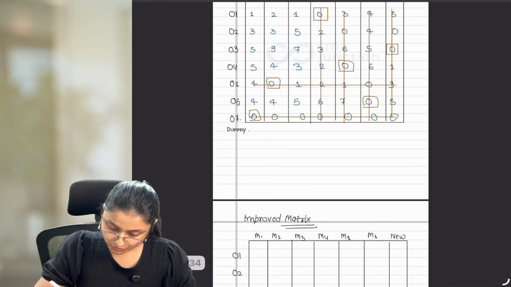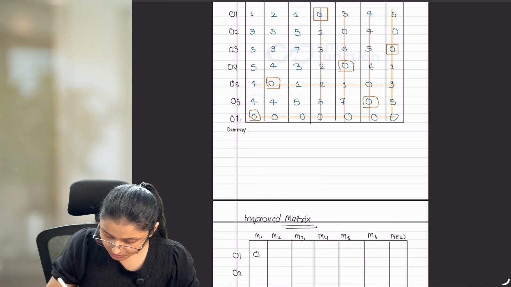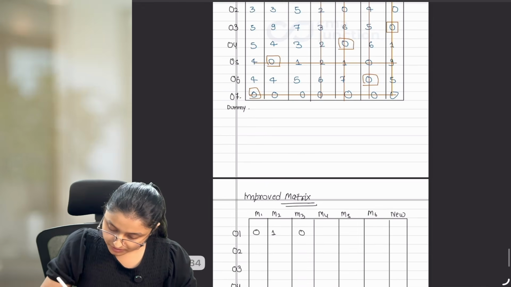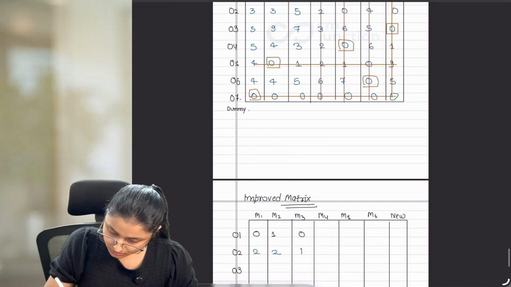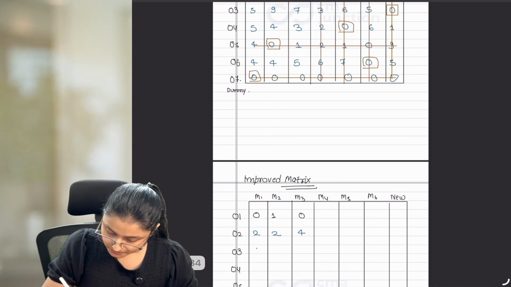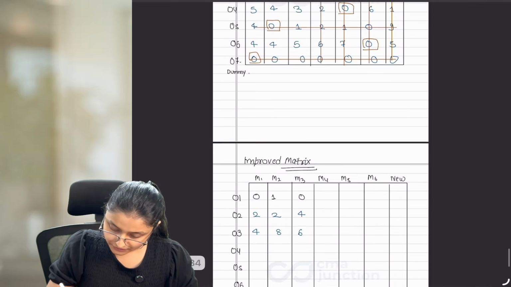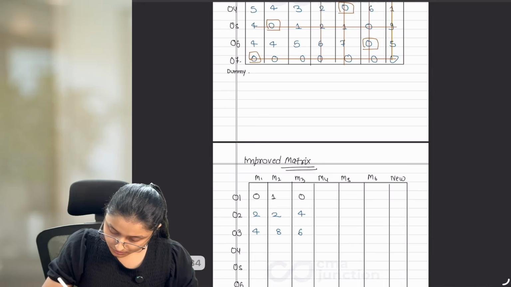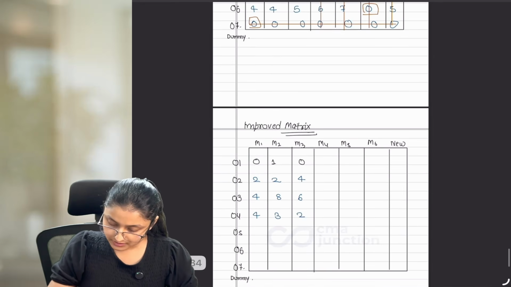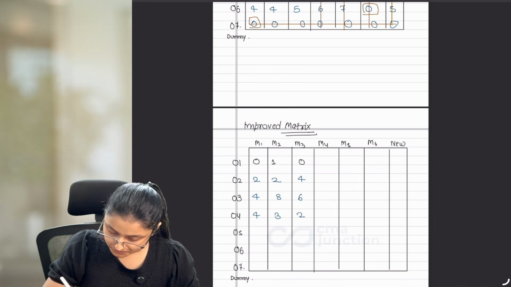Let's reduce it from all uncovered elements. So 0, 1, 0. Next 3, 3, 5 will become 2, 2, 4. Next 5, 9, 7 will be 4, 8, 6. Next 5, 4, 3 will be 4, 3, 2. Next in the sixth row 4, 4, 5 will be 3, 3, 4.